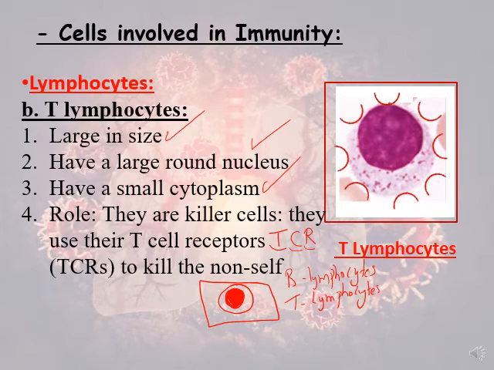What's the correct answer, B or T? The answer is both of them, since both are large in size, both have a large rounded nucleus, and both have a small cytoplasm. But if I added antibodies to this cell like this, in this case it's going to be the B lymphocyte for sure.